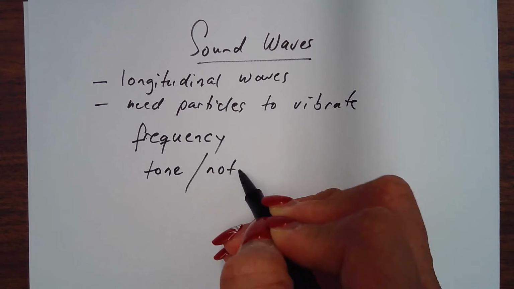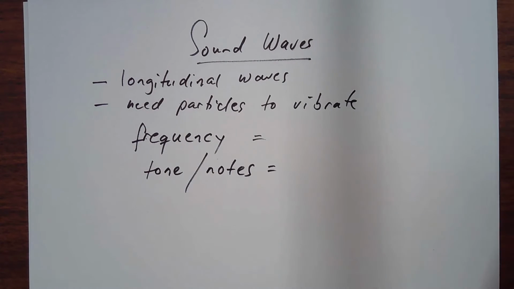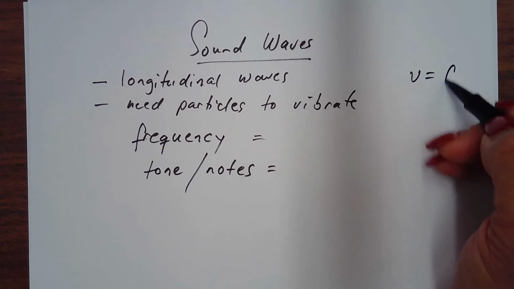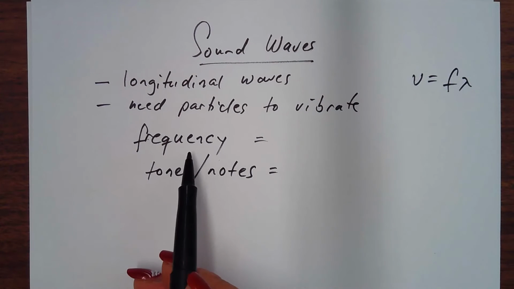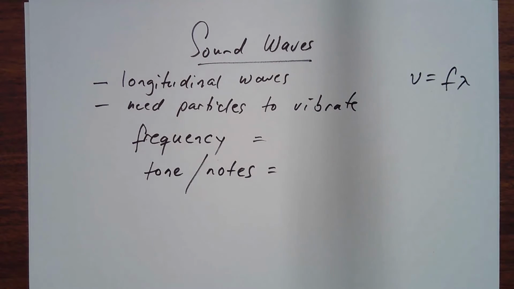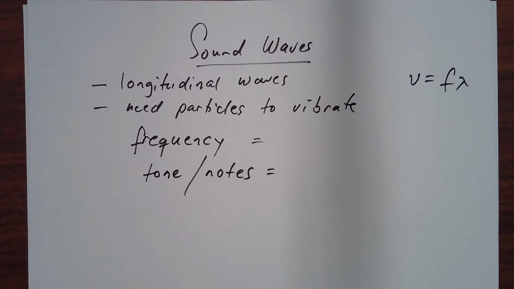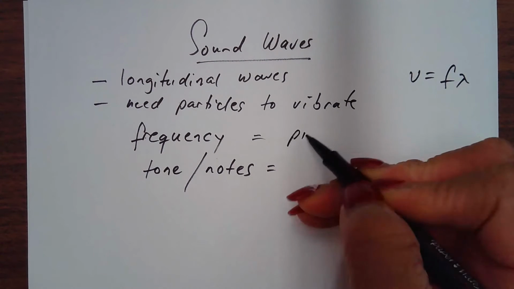So if you're playing music, the notes, what would that be in terms of, is it v equals f lambda? So which one of those 3 properties of waves, which one of those 3 variables do you think would be, so here's the frequency, what would it do in terms of the sound? Would it change the pitch or the loudness? What do you think? So frequency has to do with the pitch, right?